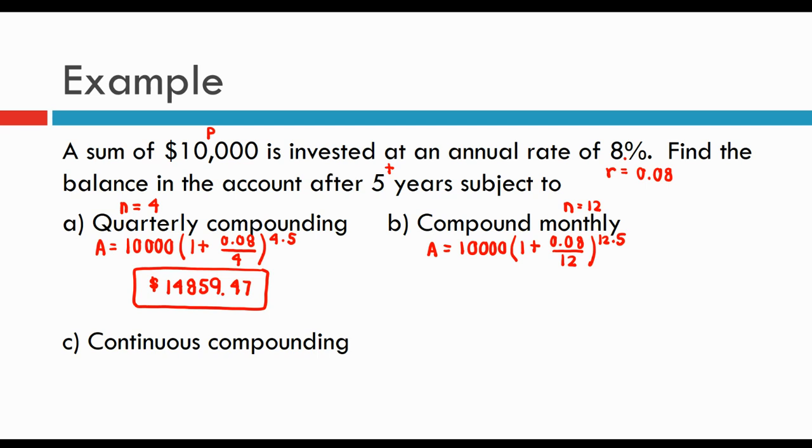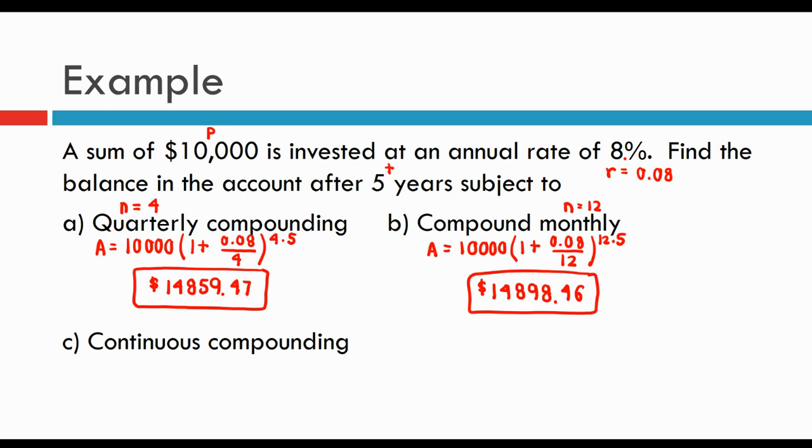Our exponent is 12 times 5, so be careful there. When we type that in, we should get an amount of $14,898.46.